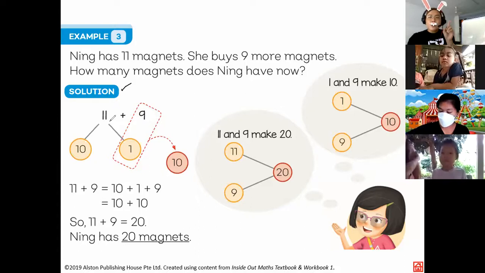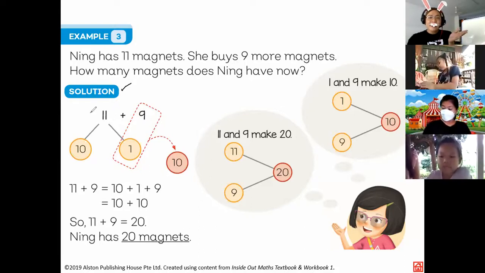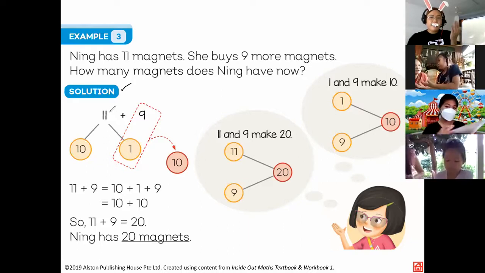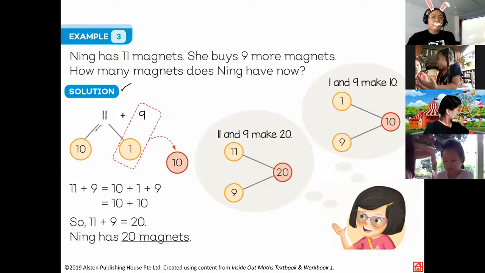First is we have to add by making 10. So let's find a number that can make or that can give us 11. So those numbers are 10 and 1 make 11. And then 9 and 1 make 10.